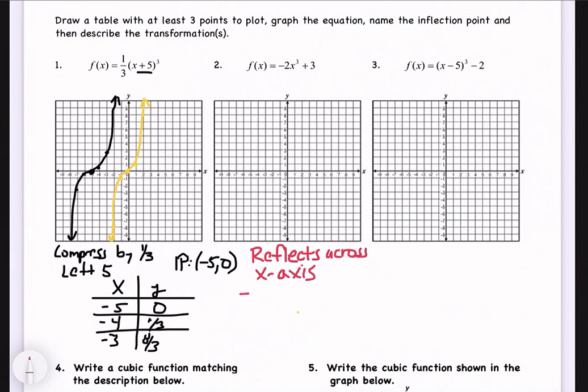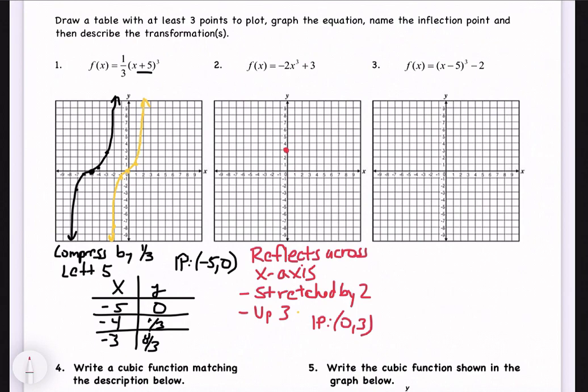It's stretched by 2. And shifts up 3. So because it shifts up 3, our inflection point is at (0, 3). So we move up 3.